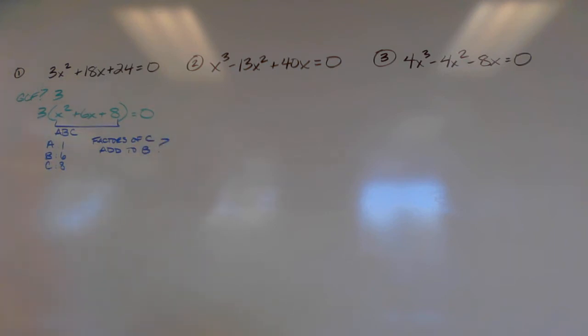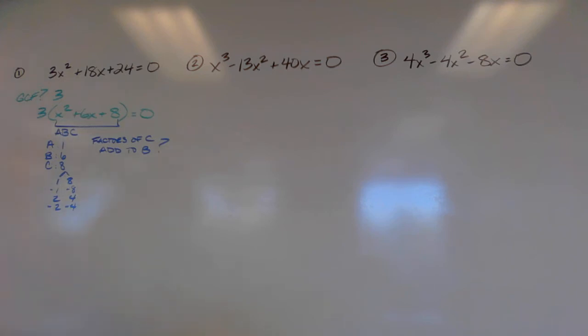In this case, factors of 8, I would have 1 and 8. Technically, -1 and -8 as well. Those both would multiply up to 8, and then finally 2 and 4, and -2 and -4.